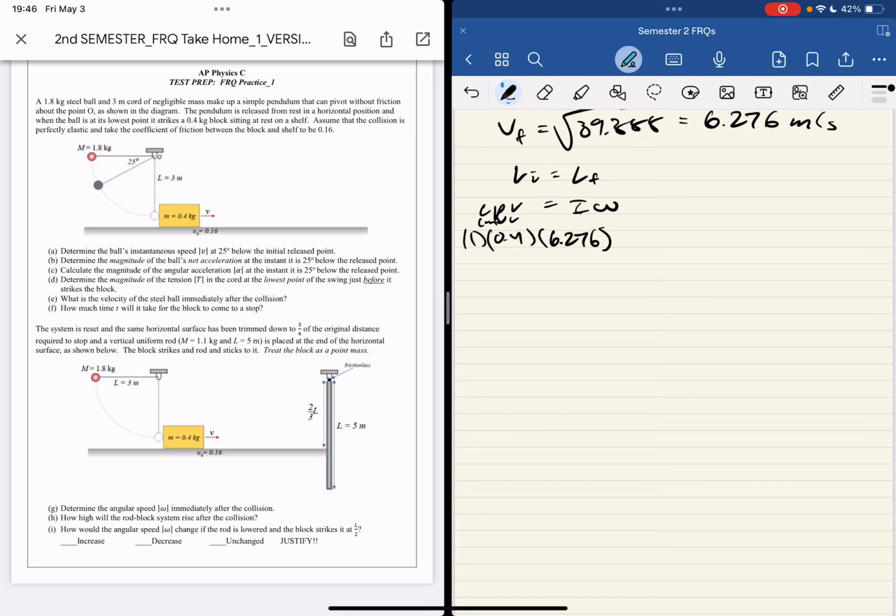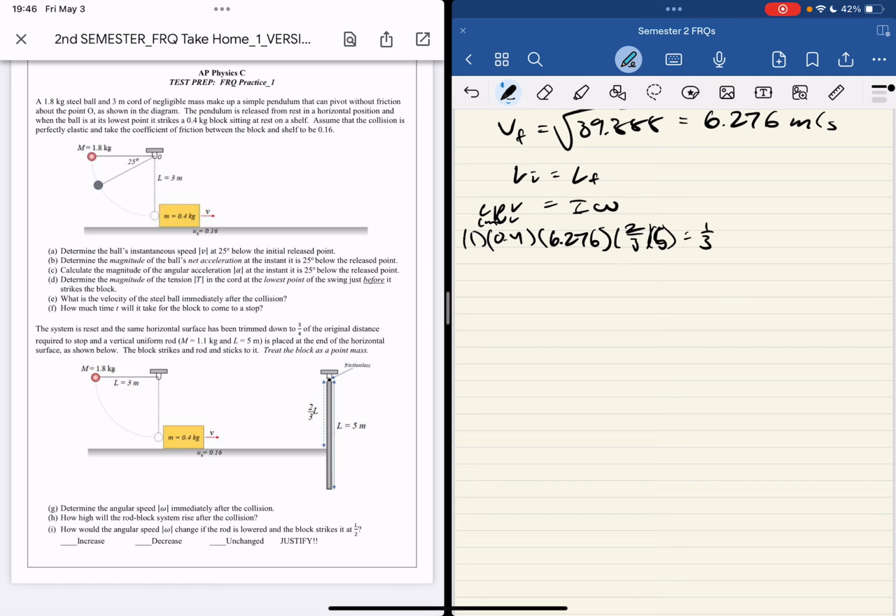And the r is going to be 2/3 of the length of the rod, which is 5. We know that because it's going to hit and stick at 2/3 L below the pivot.